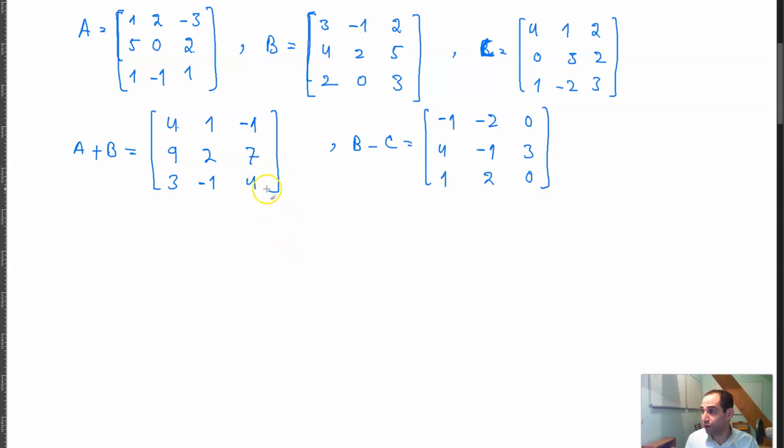And now we want to verify that (A plus B) minus C is the same thing as A plus (B minus C).